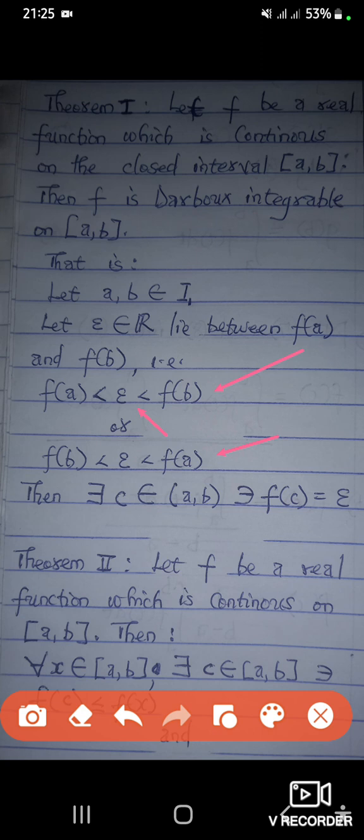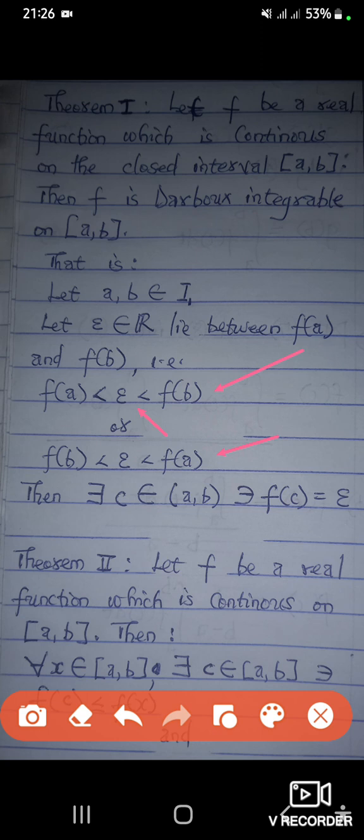Then if this is true, there exists a point c also in that open interval. Remember that epsilon is a value that lies between two other function values, while c is a point in that interval. So you should take note, epsilon is a value while c is a point.